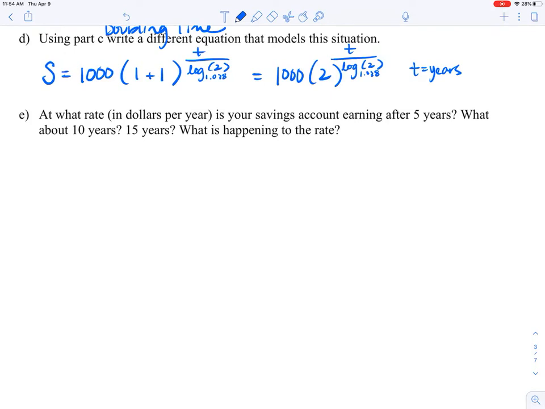Now part E, here's where calculus is coming in. So at what rate in dollars per year is your savings account earning after 5 years? So what that question is asking is, at that moment in time, so after 5 years, at what rate, like in dollars per year, is our savings account increasing?